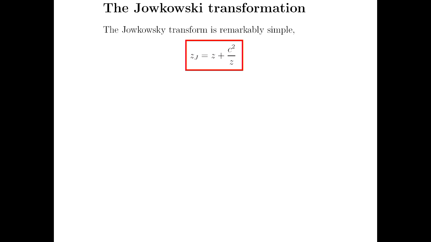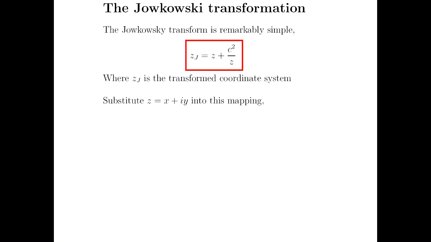It's basically saying that Zj, where j denotes the plane after the Joukowski transformation, is equal to Z plus c squared over Z. Zj is just the transformed coordinate.